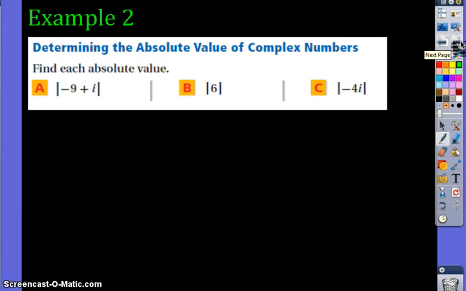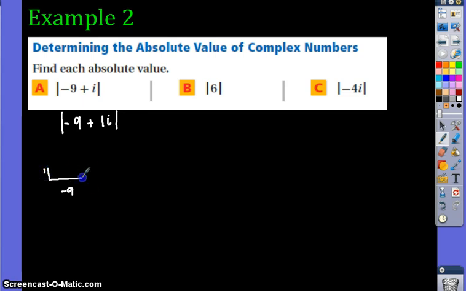This is telling me that I have to go left 9, and it might be helpful to just rewrite this as -9 plus 1i, just to be absolutely clear. Normally you wouldn't write the 1, but just to be clear. So we're going to have to go left 9, so -9, but then we'll have to go up 1 unit.